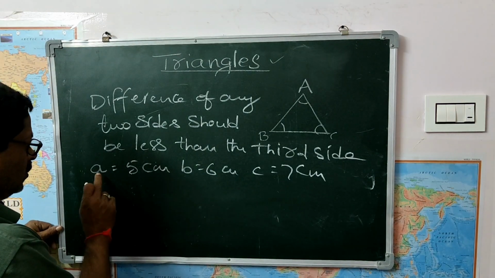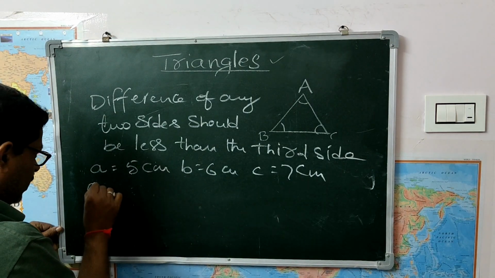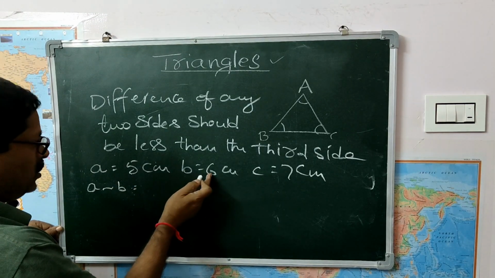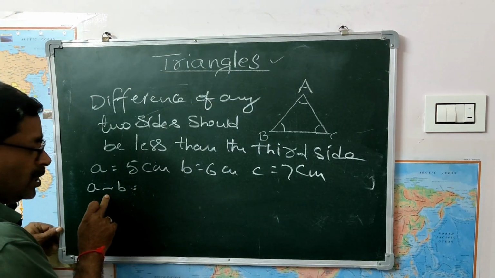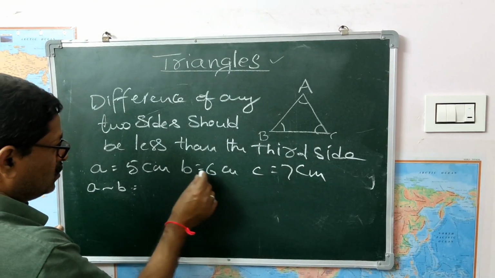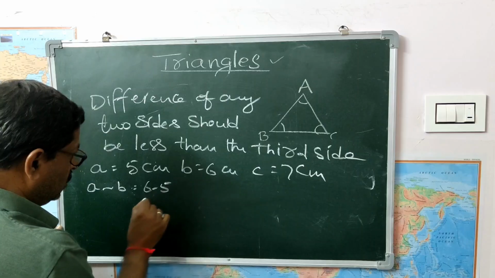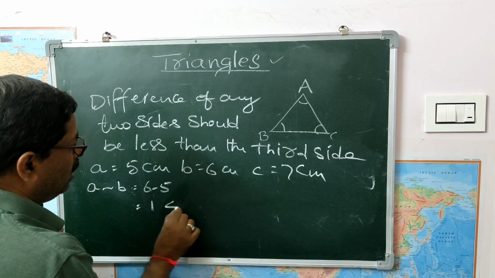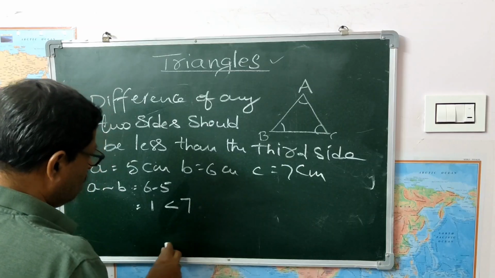Difference of two sides, A and B. You can write difference like this. Difference is 6 minus 5. It's not the subtraction symbol, it is just a difference. So 6 minus 5 is equal to 1, which is less than the third side 7.